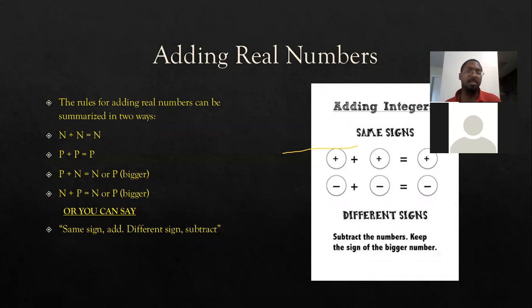If I take a positive plus a negative, it's either negative or positive. We can't immediately tell just by saying, okay, we have a positive and negative. We have to do a little more investigation to see whether it's negative or positive. The same goes for a negative plus a positive.